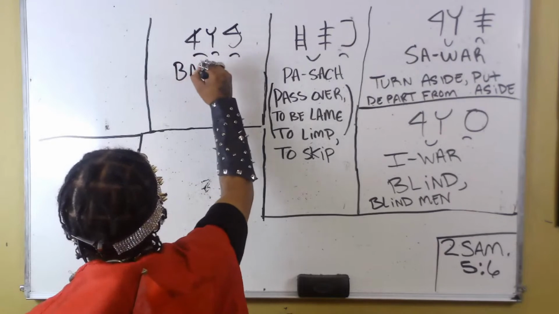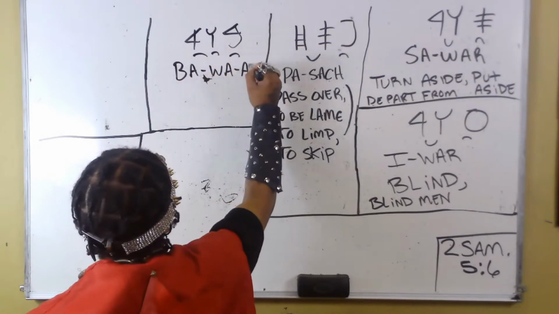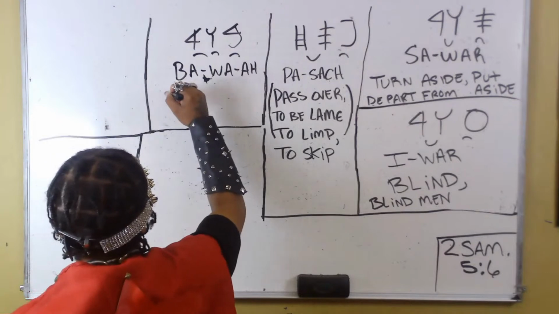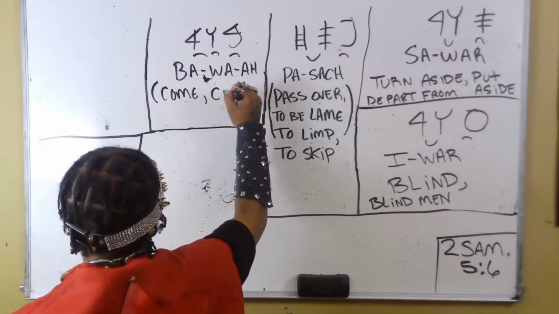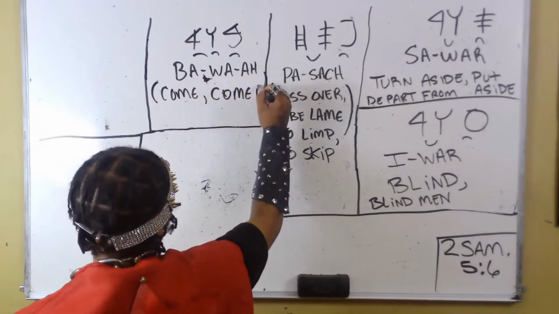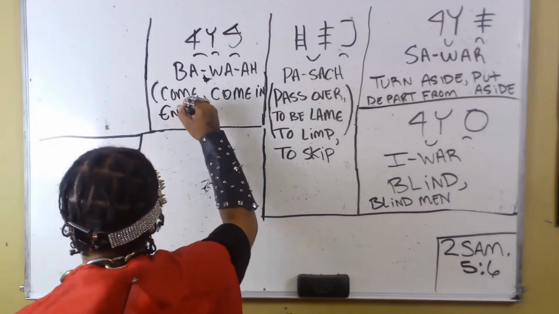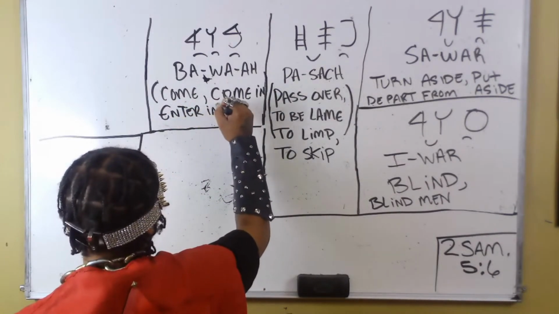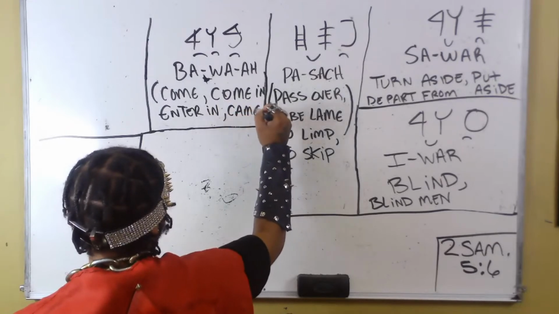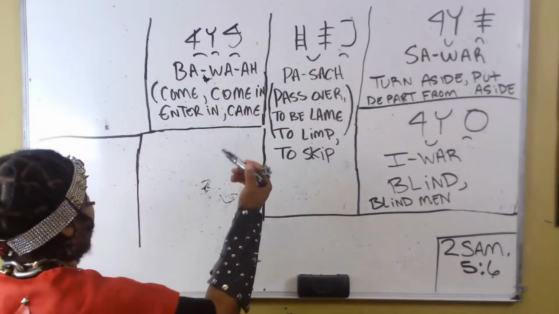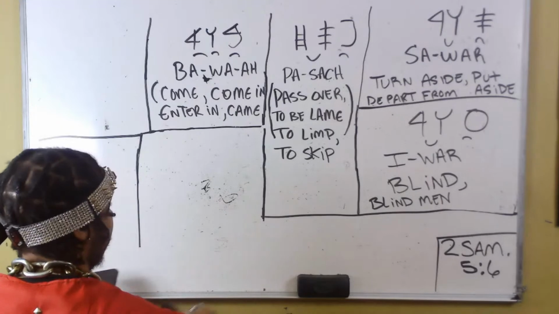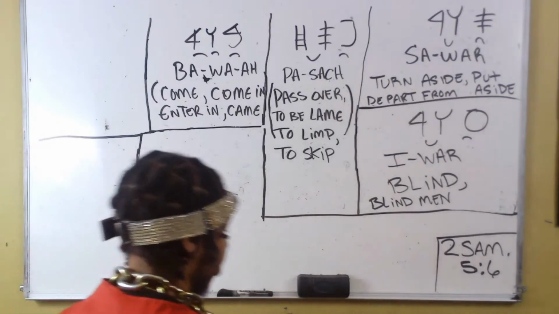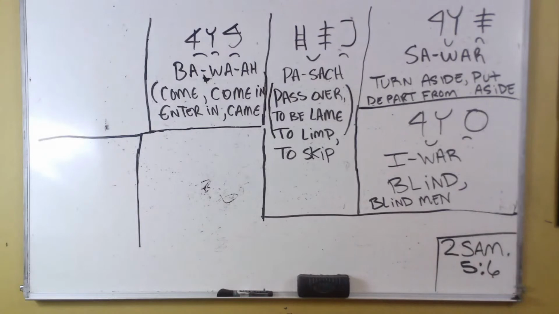Which means it's used as come in, enter in, came, and we came in, come in, enter into, Bawa. All right. So let me get out the way, give everybody a chance to write that down, or to screenshot it, whatever you need to do.